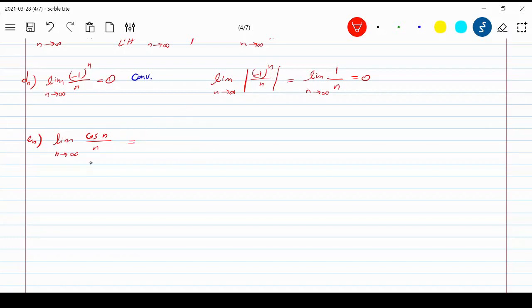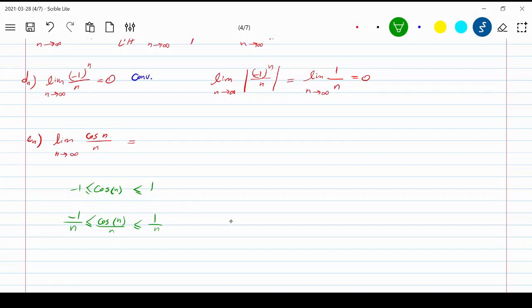What we can do is use the squeeze theorem that we had. What do we know about cosine? Cosine is always bounded between -1 and 1. So cosine n should be bounded between -1 and 1. And then if I divide by n, cosine n divided by n is between -1 over n and positive 1 over n.